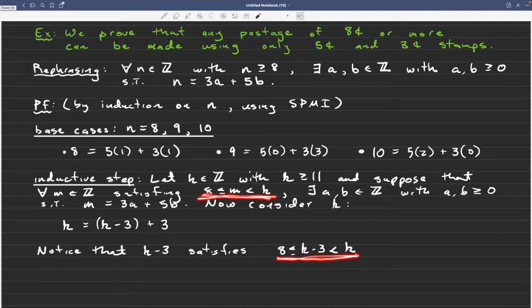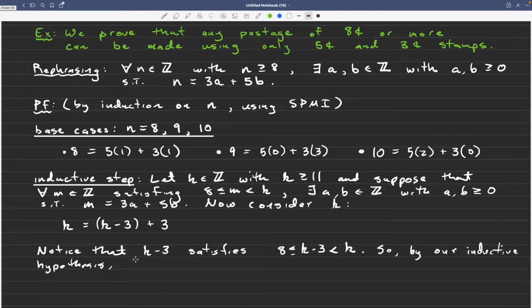And so any m that falls between 8 and k like this has this property that there exists an a and a b, and you can write that expression as 3 times a plus 5 times b. So by our inductive hypothesis, there exists some a and some b in the integers, a and b both greater than or equal to 0, and we know that k minus 3 is 3 times a plus 5 times b.